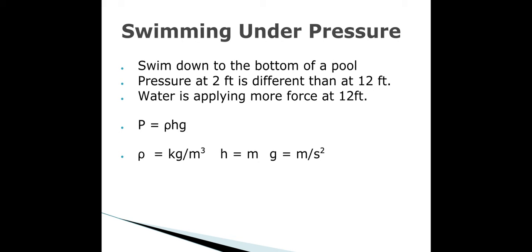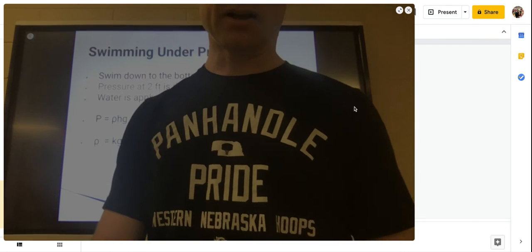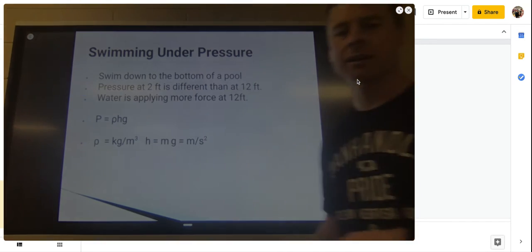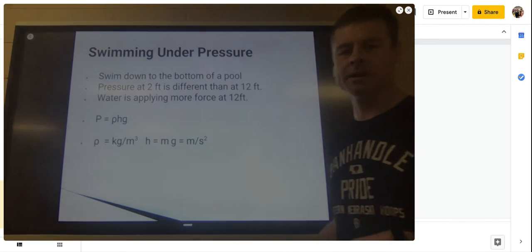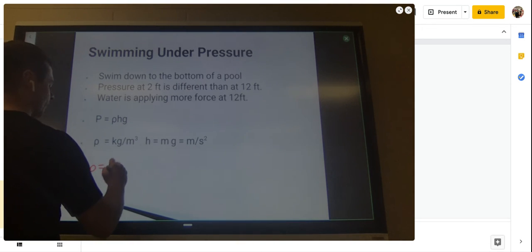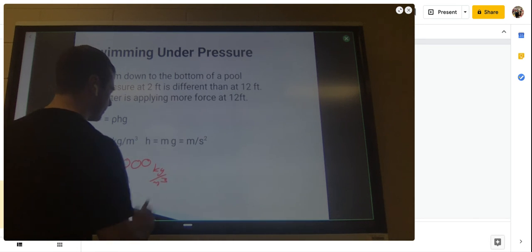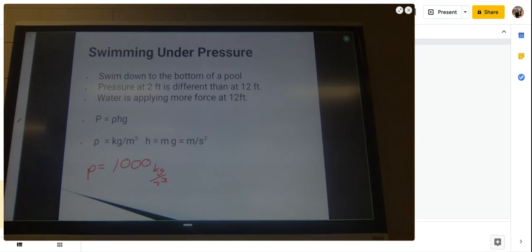So we'll just do a very easy example with water, because a lot of times we use water as our main liquid. The first thing you need to understand about water is that water has a density of 1,000 kilograms per meter cubed.